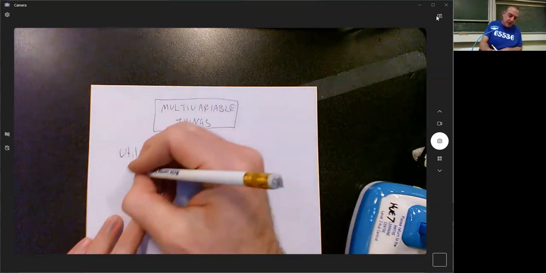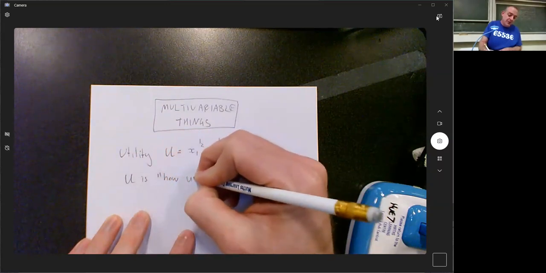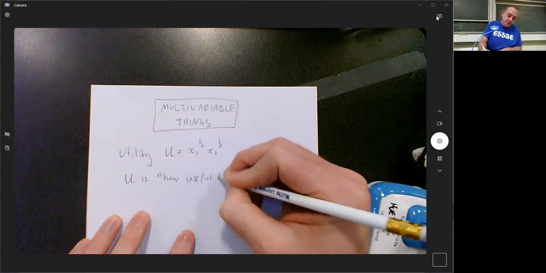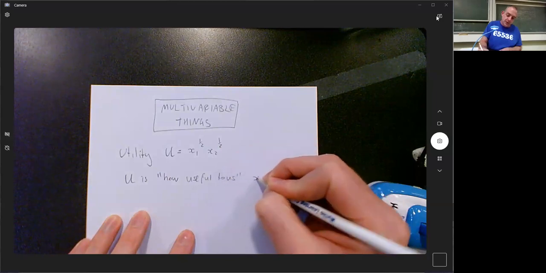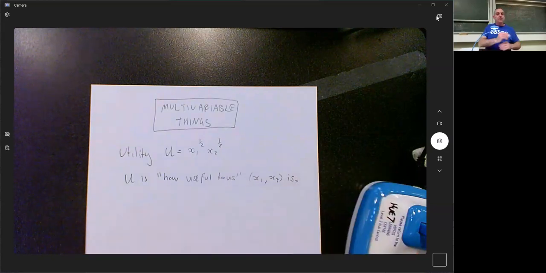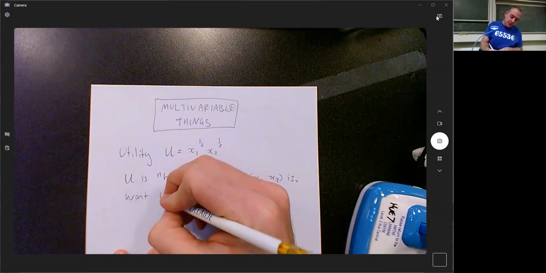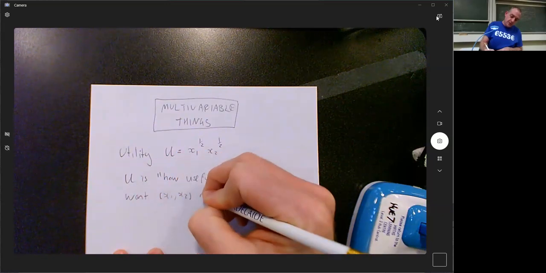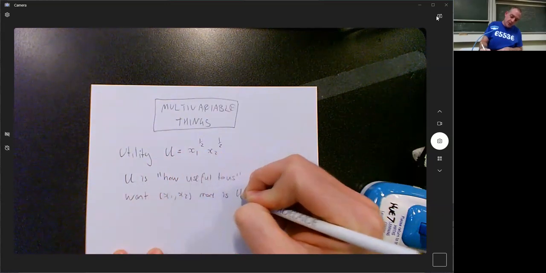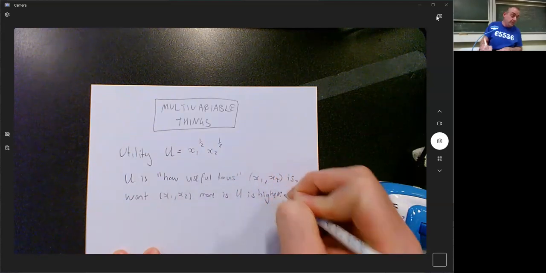It's not really, but this is my imagining of how useful to us that combination of x1 and x2 is. And so you're going to be more likely to buy things that are more useful to you. That's the idea. And so you want the combination x1, x2 more if u is higher. That's the idea behind it.